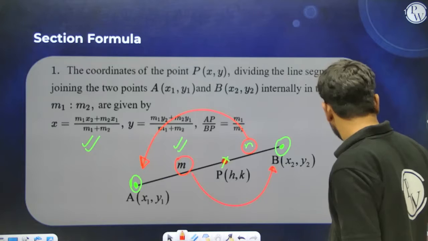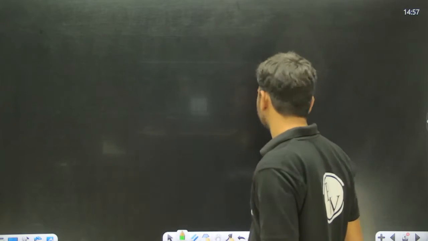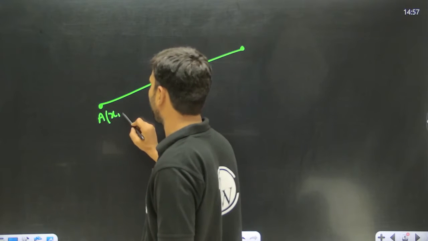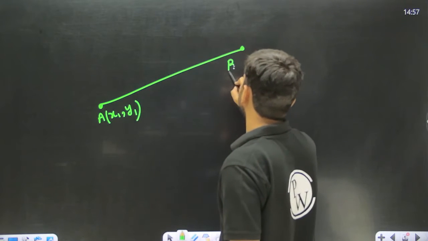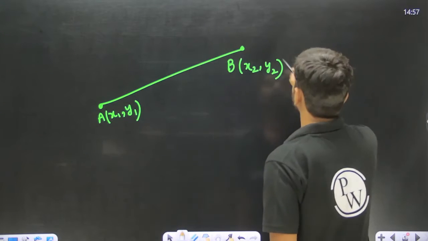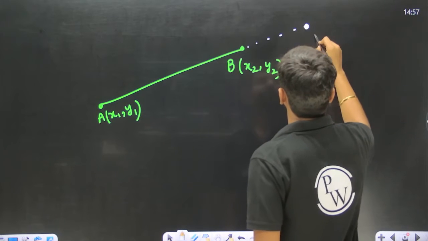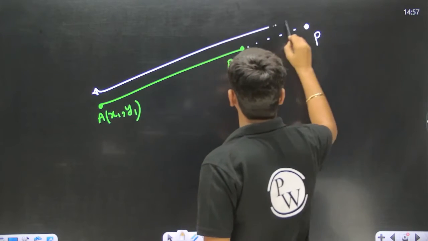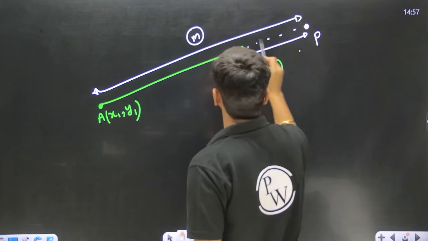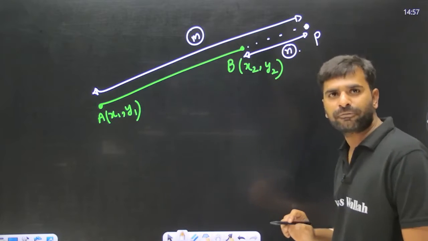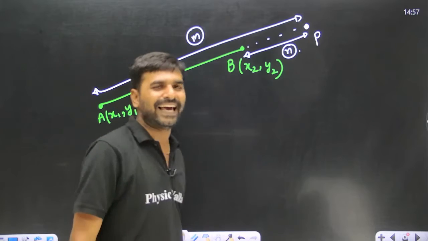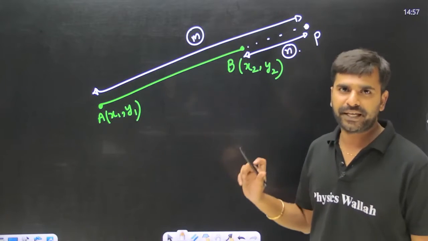In the case of external section formula, a lot of guys are confused, so let me elaborate that as well. External section formula: if this is a point x1 comma y1, and if this is a point x2 comma y2, and if I extend this line, then if over here a point P is there such that AP upon BP is equal to m:n, then the coordinates of P can be written by using external section formula, because the point P is lying externally to the line segment AB.